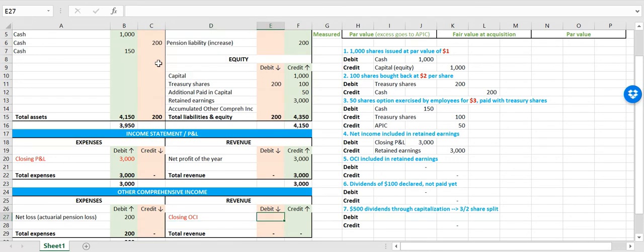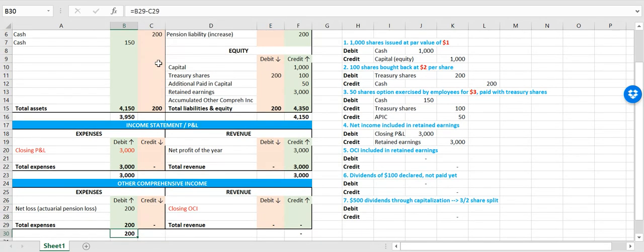That's why we're going to close it the same way. So we have a net balance of 200, which is a debit balance. So I'm going to counter that with a 200 credit movement, and I'm also going to accumulate it in equity. So we did a credit here, we're going to do a debit here.